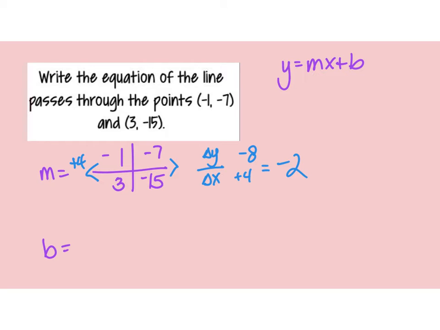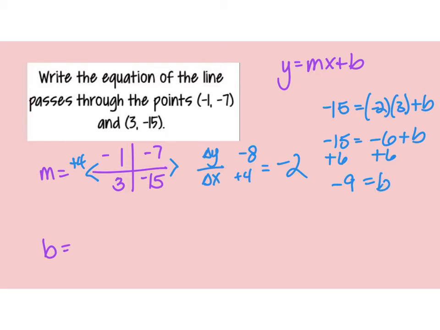I'll do the second one. So -15 equals -2 times 3 plus b. -15 equals -6 plus b. Add 6. So end up with -9 equals b.